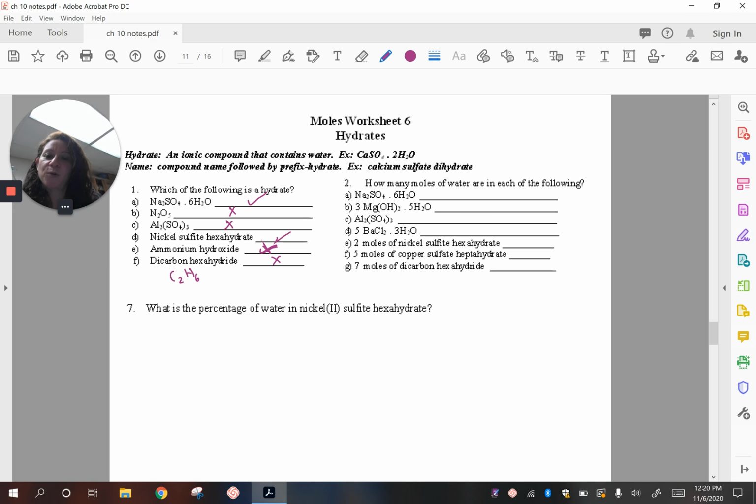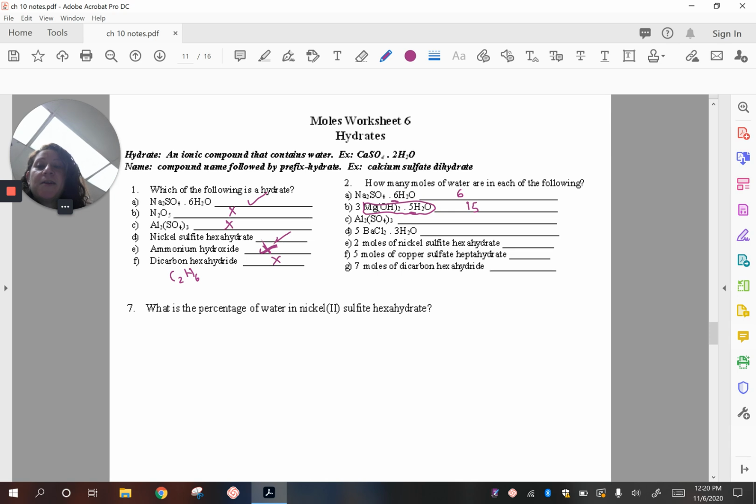Let's move on to number 2. It says how many moles of water are in each of the following. So Na2SO4.6H2O, there are 6 moles of water. Okay, the next one, we have 3 of these, and each of these has 5 moles of water, so 3 times 5 would be 15 moles of water total in here.